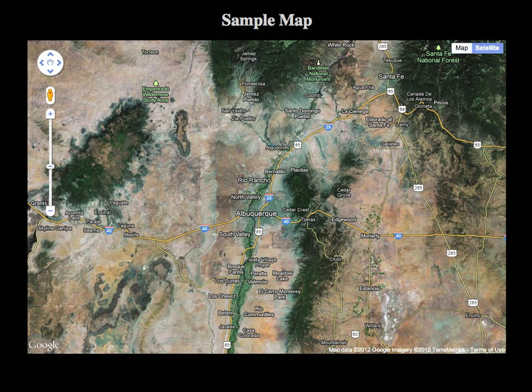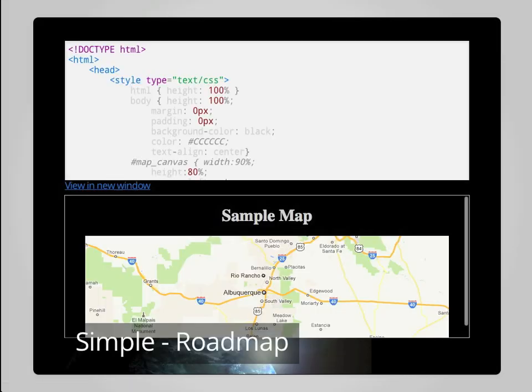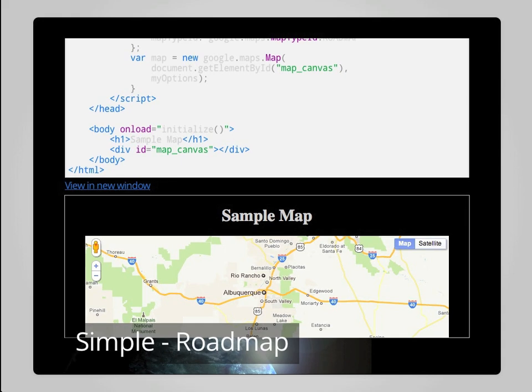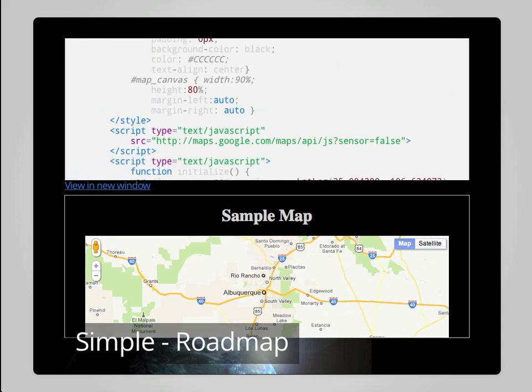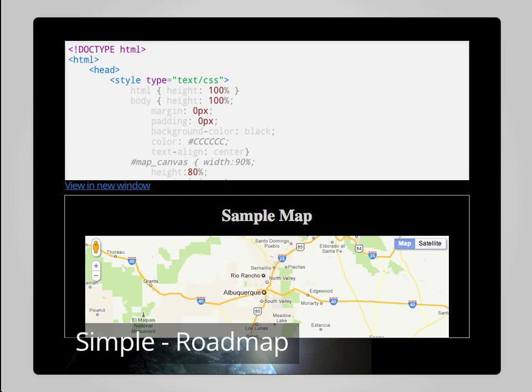So let's go back to our slide. As you can see here, within the slide we have the sample code that I've just been describing also displayed, if you'd like to review it within the slide presentation itself.